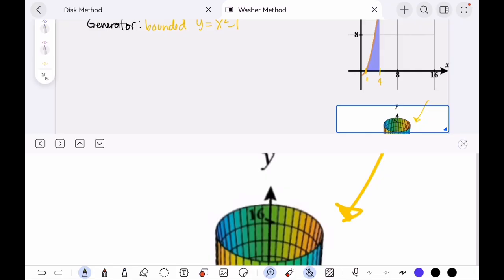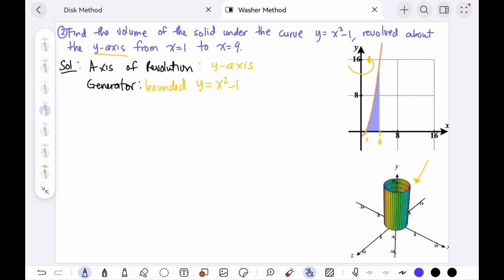Looking at a slice here in the solid, we get a washer. It's a washer because there's a hole in the middle of the slice. So to find this, we still use the concept of the slicing method.